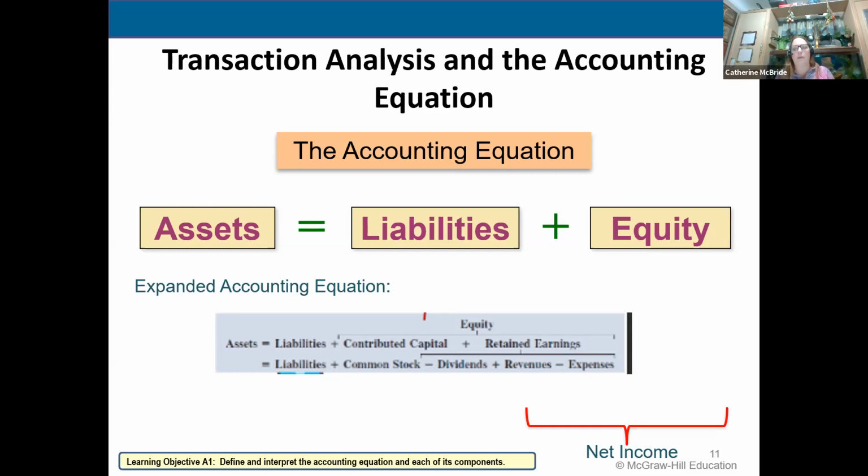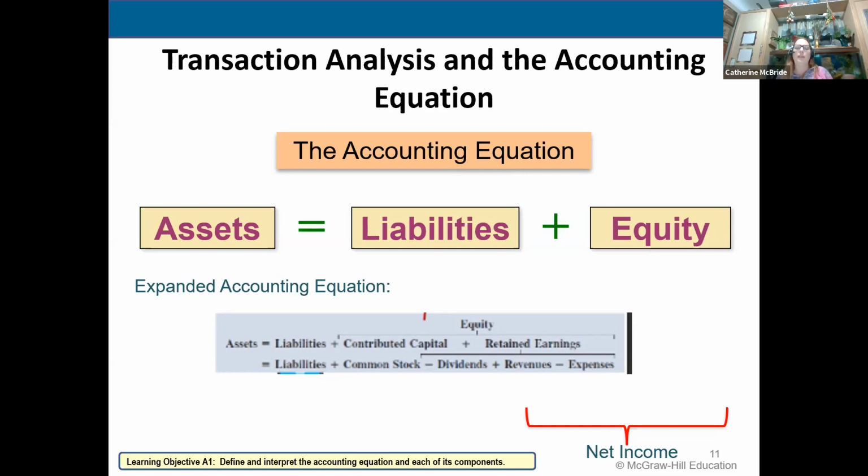Liabilities, you're probably familiar with, are things that the company owes. So accounts payable, notes payable, wages payable, taxes payable. By the way, do you notice a word in common there? Liabilities usually have the word payable after them.